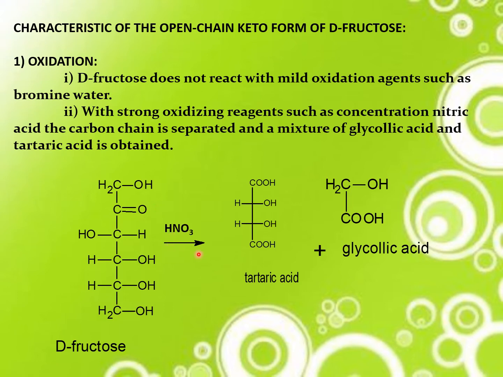On reaction with nitric acid we get tartaric acid and glycolic acid. The cleavage takes place between C2 and C3. So these 4 carbon atoms are separated as tartaric acid and these 2 carbon atoms are separated as glycolic acid.